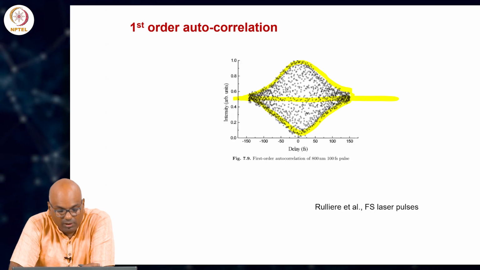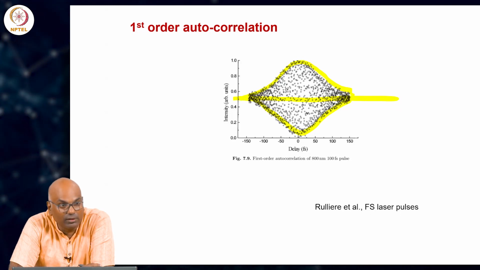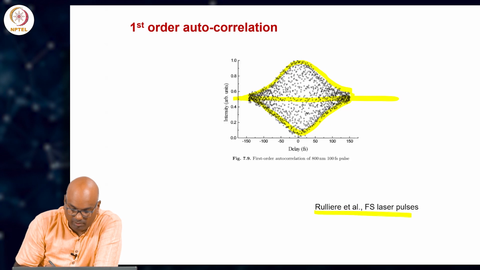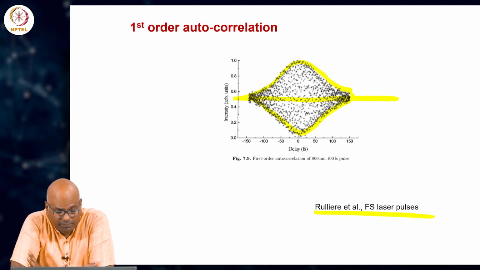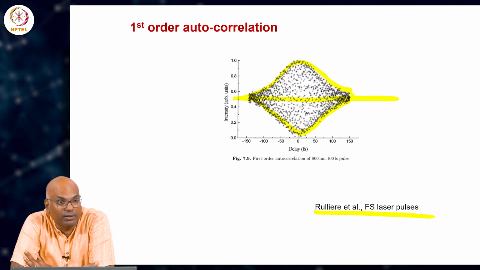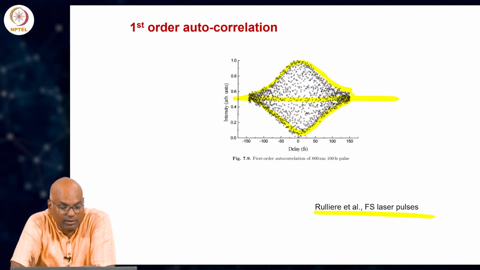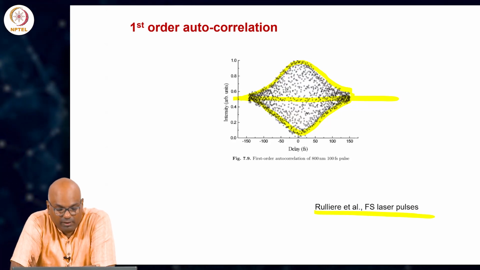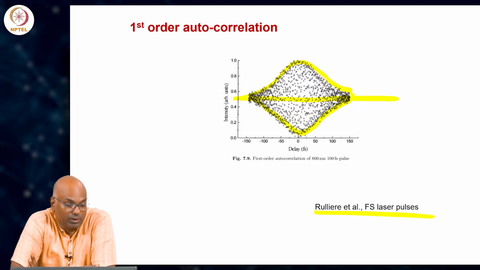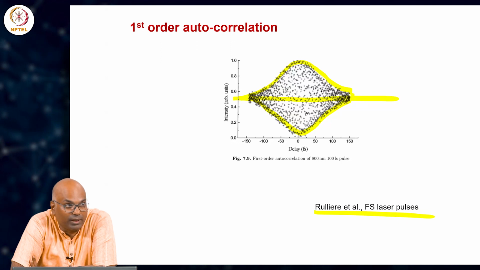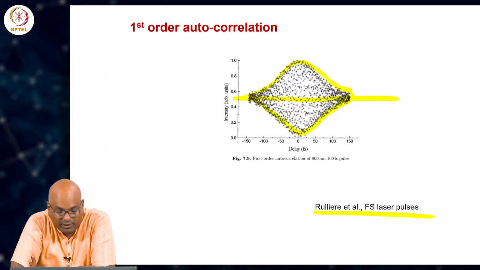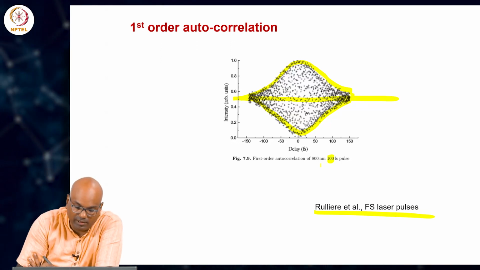So, this is the first order autocorrelation signal typically, which I liberally borrowed from the example given in Rullière's book, where an 800 nanometer, 100 femtosecond pulse is incident. Here we have made simplistic assumptions, but this is also a real life measurement. The pulse is close to Gaussian in time, with a full width at half max of about 100 femtoseconds.